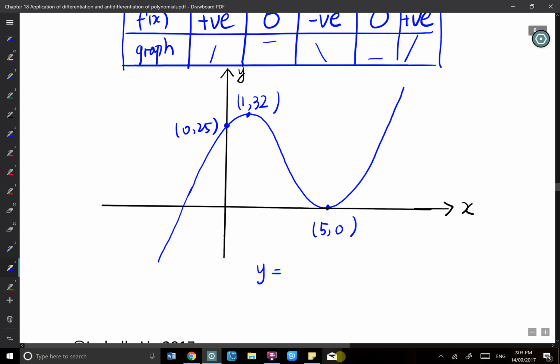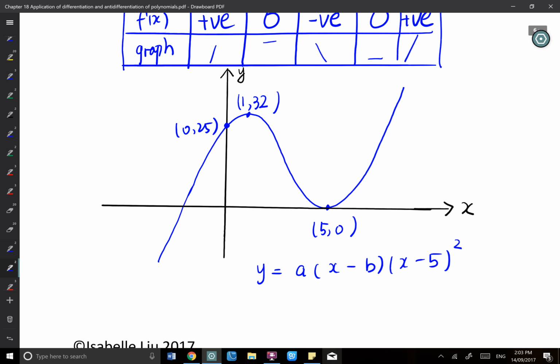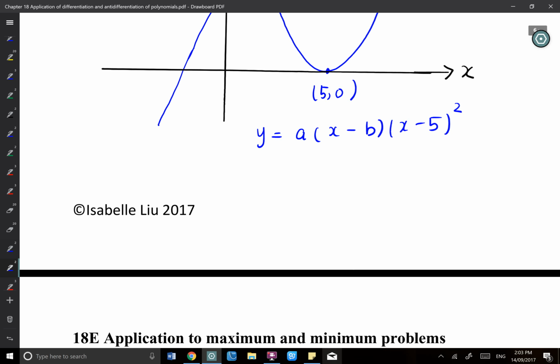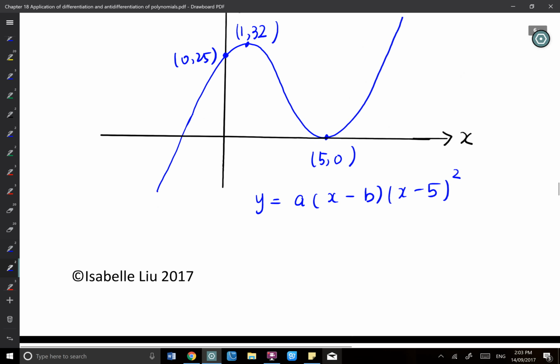I can make y equals a(x minus b)(x minus 5) squared and substitute (0, 25) and (1, 32) in it, and I can solve for the values of a and b. I'm not going to do that, I know you don't want to, but I'm just telling you that you can. That's possible. You can substitute (0, 25) and (1, 32) and find the values of a and b.